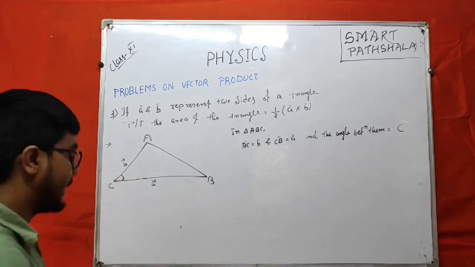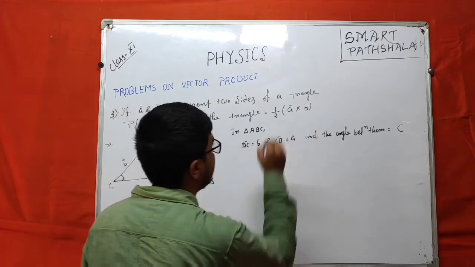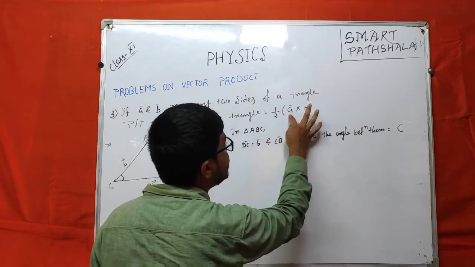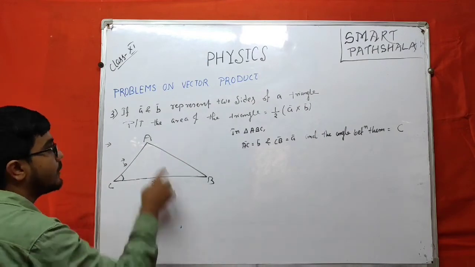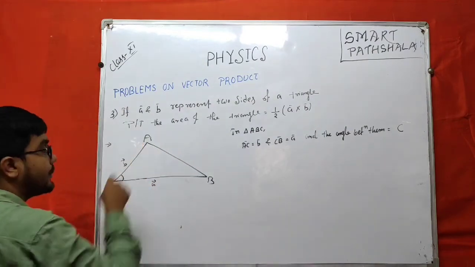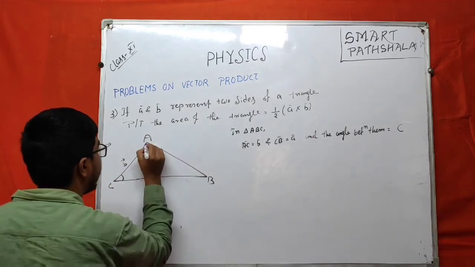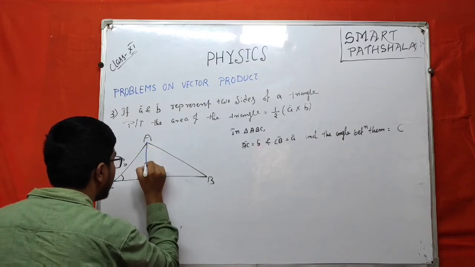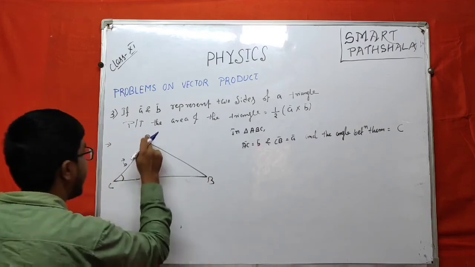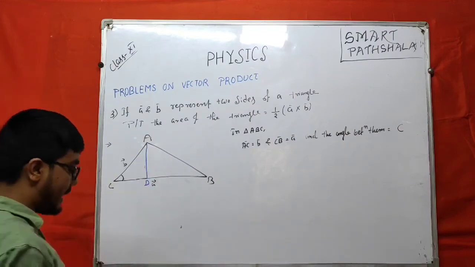We will consider this angle. Now, you know that area of a triangle is equal to half into base into height. We are given the base, and we have to find out the height. What is the height of this triangle? The height of this triangle is AD. Okay. This is the height of the triangle.